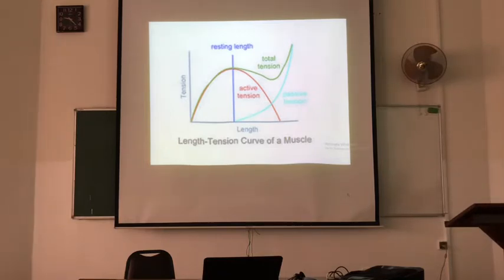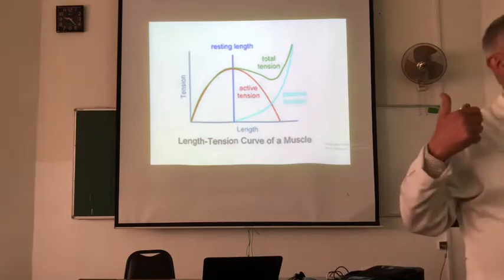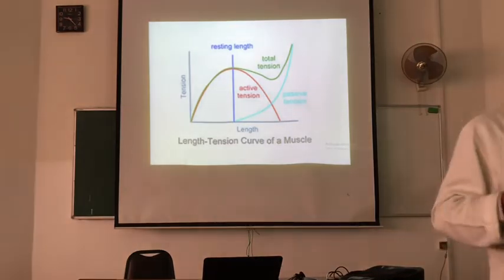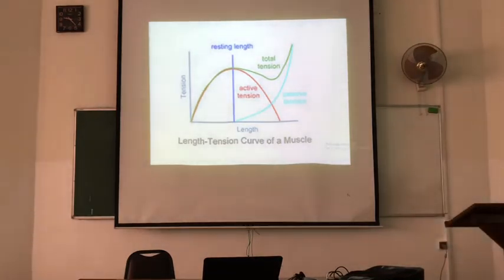Where you are having the highest active tension, at the resting length also, okay? So at the resting length, this is in accordance with what we have seen with a smaller preparation with myofibrils. The highest active tension that can be developed is at the resting length of the muscle.